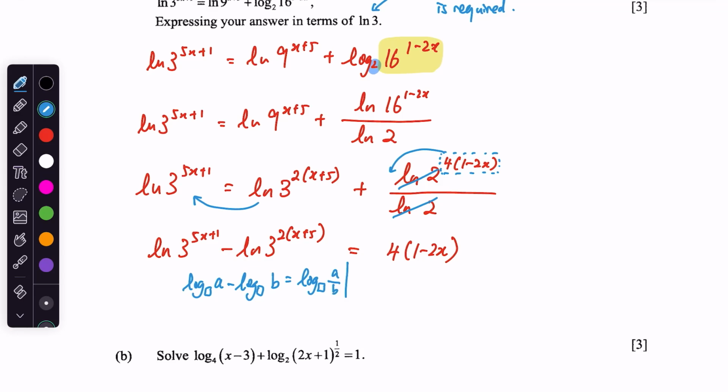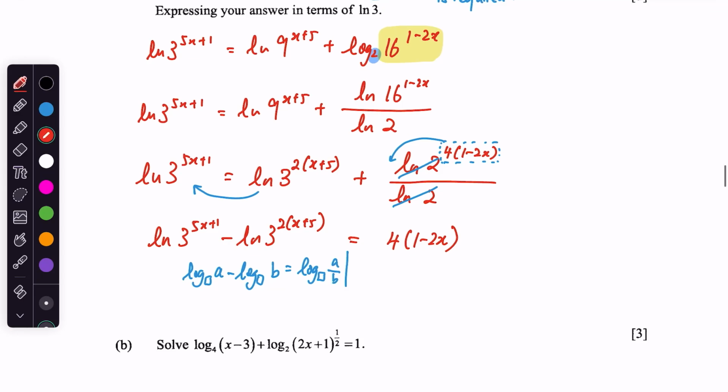So we can write this as ln 3 to the power of 5x plus 1 over 3 to the power of 2 times x plus 5. Then this is 4 minus 8x.